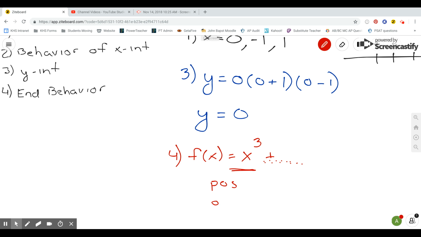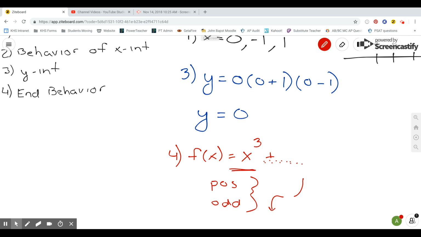Positive and odd. Now, I know from my end behavior problems that this is going to give the shape that looks like this. So it's going to go up when x goes to infinity, and it's going to go down when x goes to negative infinity.